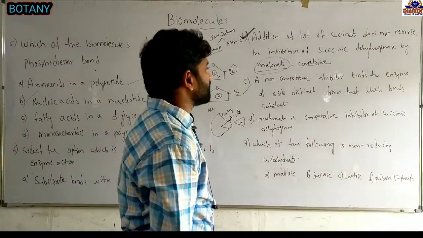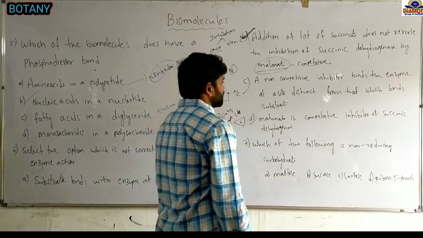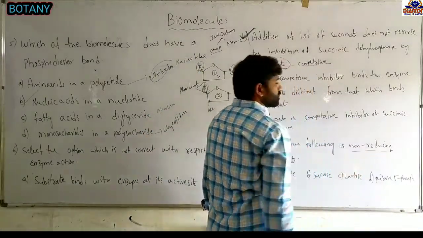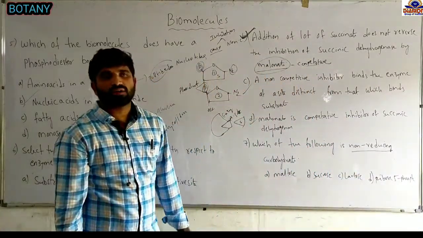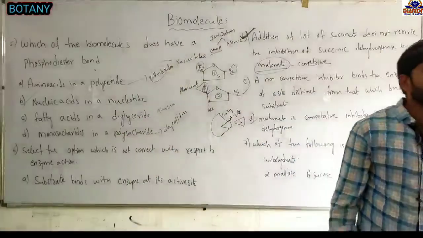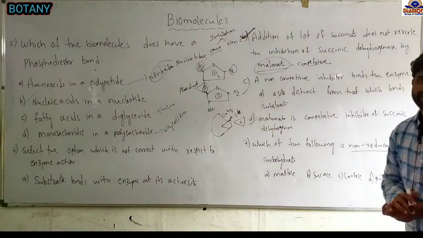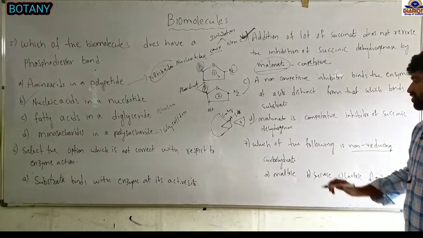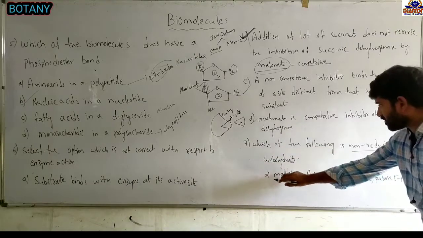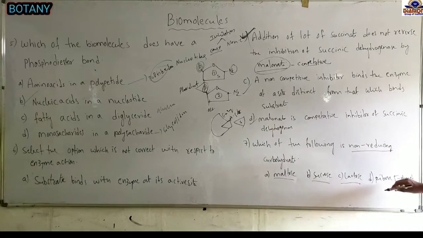Which of the following is a non-reducing carbohydrate? Carbohydrates that don't have a free aldehyde or ketone group, such carbohydrates we call non-reducing carbohydrates. If you take the examples here, maltose, sucrose, lactose, and ribose 5 phosphate.